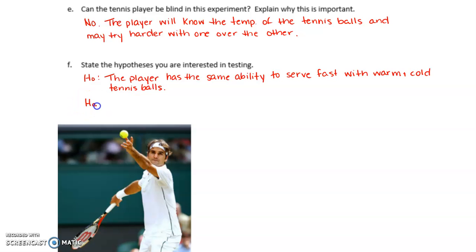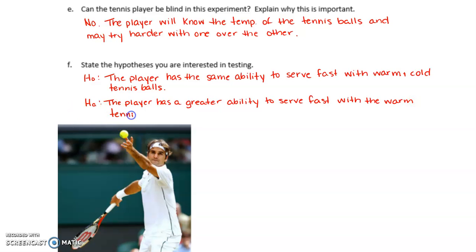Our HA would be the player has greater ability to serve fast with the warm tennis ball than the cold one.